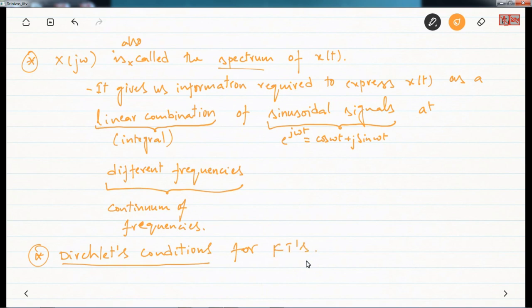Yeah, so now let's quickly write down one of the next important topics. All that we did till now is only defining the Fourier transforms. It's not only defining but trying to derive them from Fourier series.